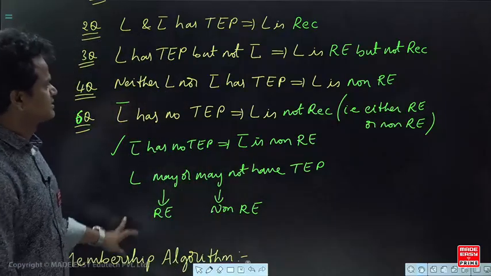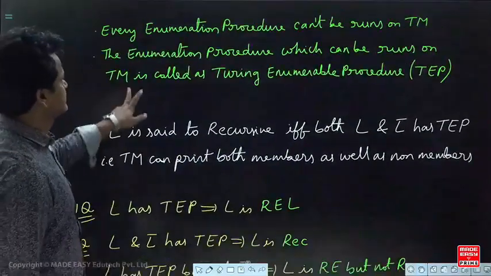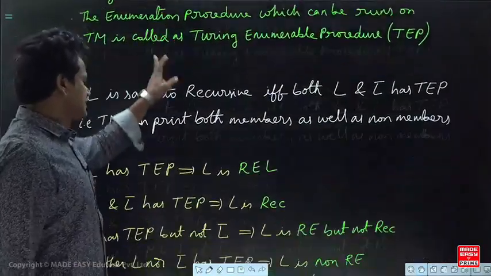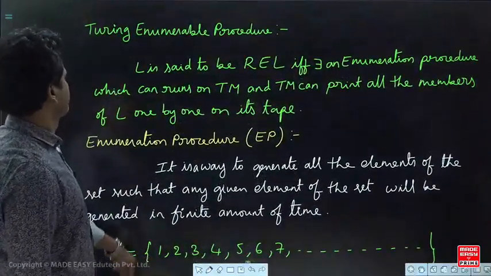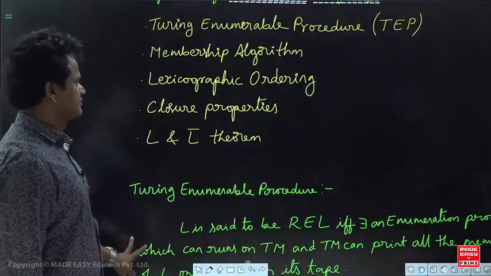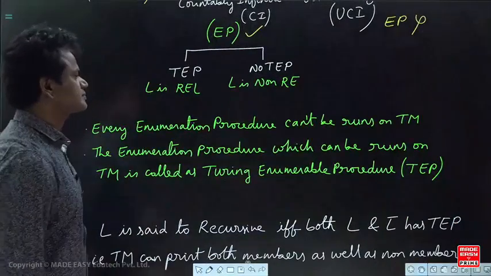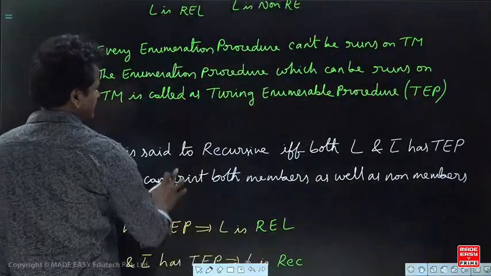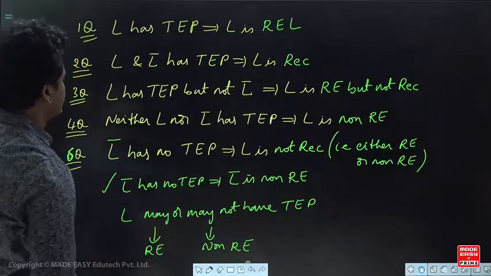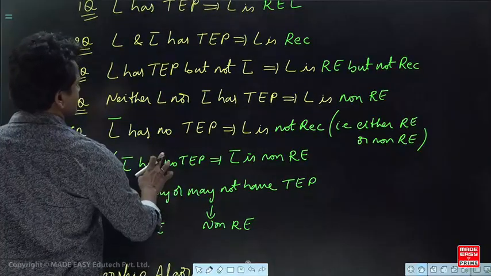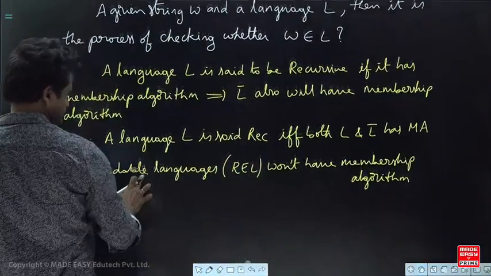We will discuss this again, in the complement of this part, where you will understand the L and L bar theorem. Generally, if L is not having TEP, then it is said to be not RE. If L bar is also not TEP, then definitely L is non-RE.